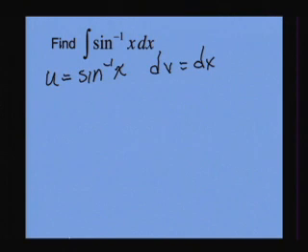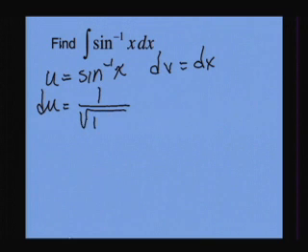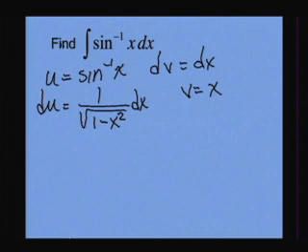And then we say that du is equal to 1 over the square root of 1 minus x squared dx. And that v is going to be equal to x.